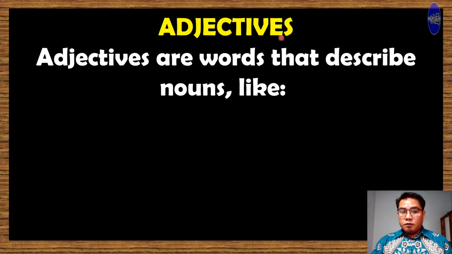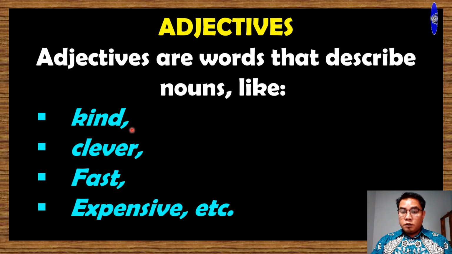This is adjectives. Adjectives are words that describe nouns. They modify nouns. Here are some examples of adjectives: kind, clever, fast, expensive, beautiful, charming, etc. So many of them.